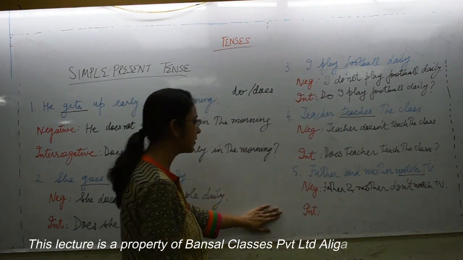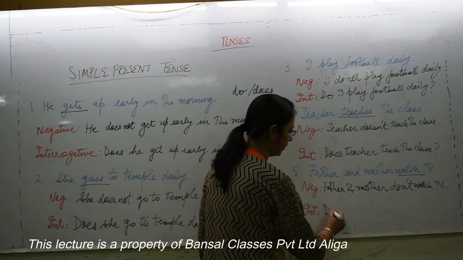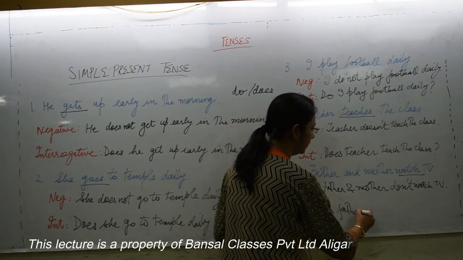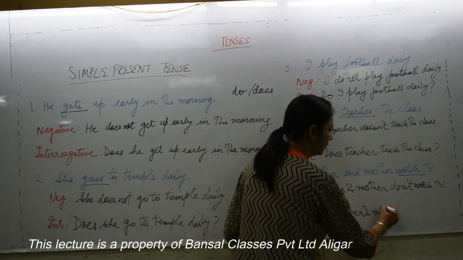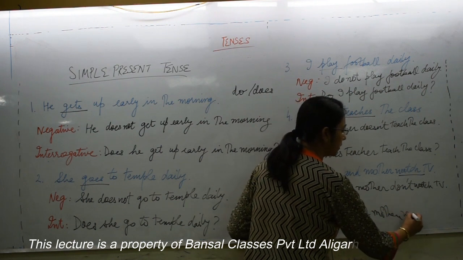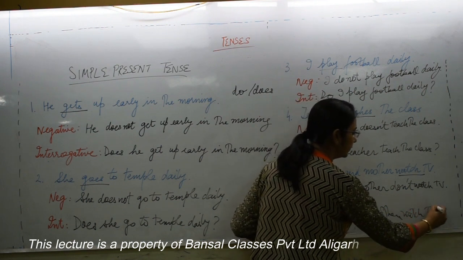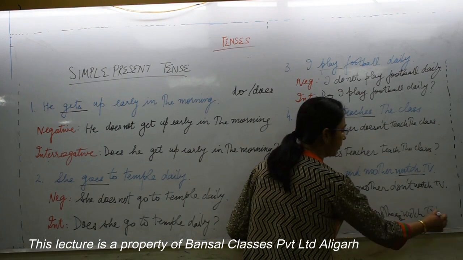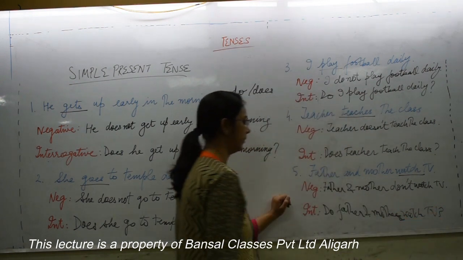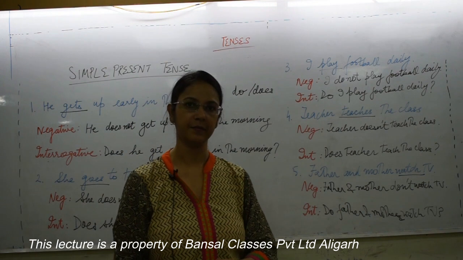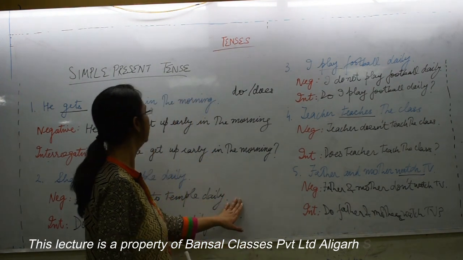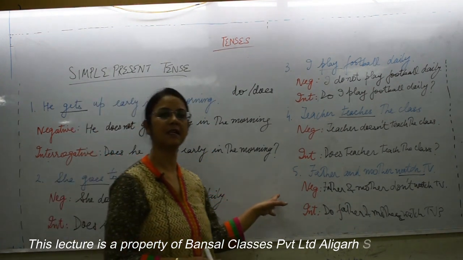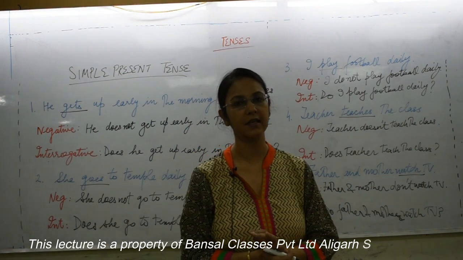Again, interrogative form: do father and mother watch TV? Okay, and a question mark will be there. So these are the examples of simple present tense.